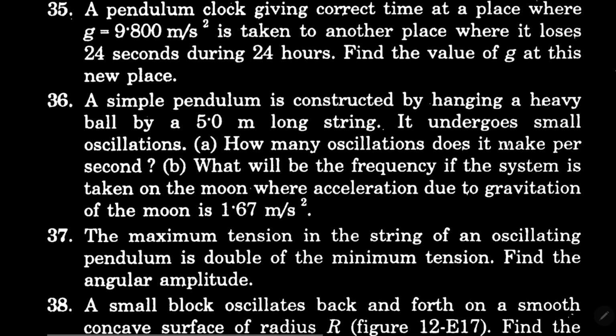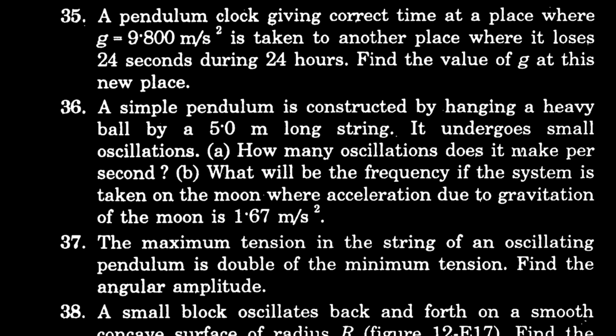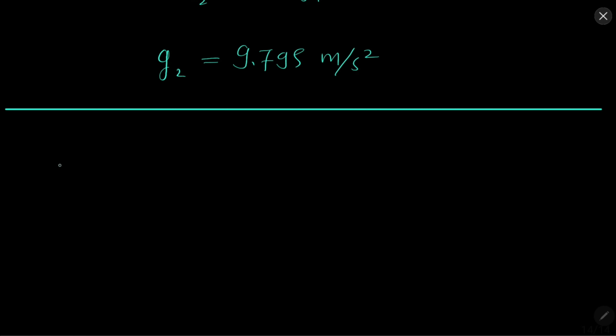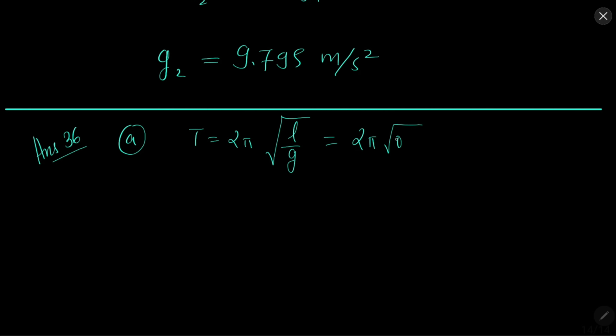In question 36, we have a simple pendulum. How many oscillations does it make per second? What will be the frequency if the system is taken on the moon? Solution 36. A part, time 2 pi root L over g, 2 pi root 0.5, approximately 2 pi 0.7.